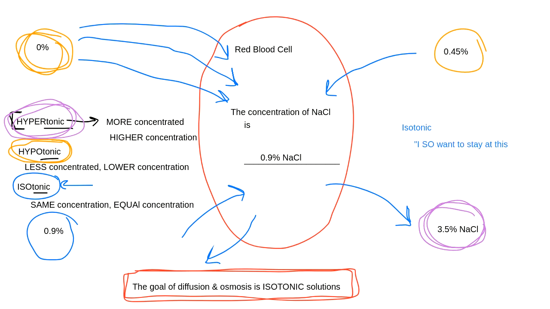I loved that. I so want to stay at this concentration because it's perfect. Isotonic, this is where I want to be. So isotonic solutions match. Hypertonic solutions are more concentrated. Hypotonic solutions are less concentrated.